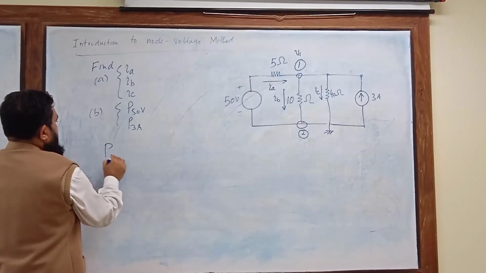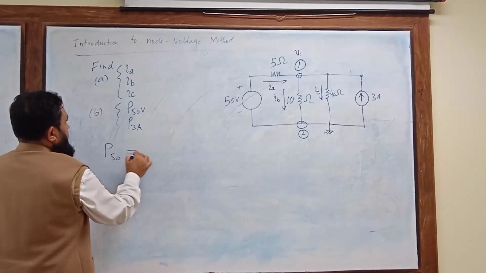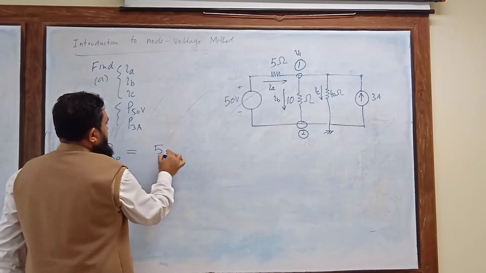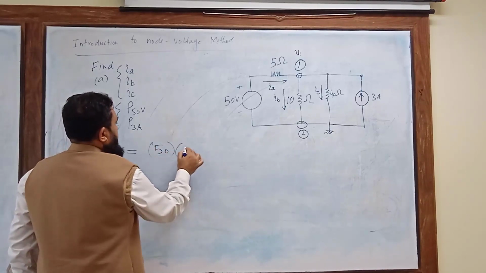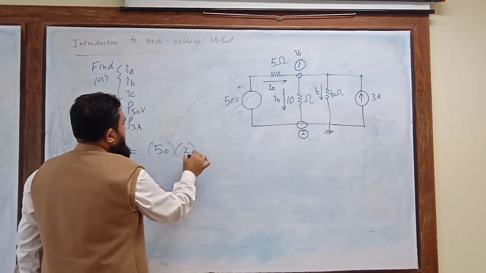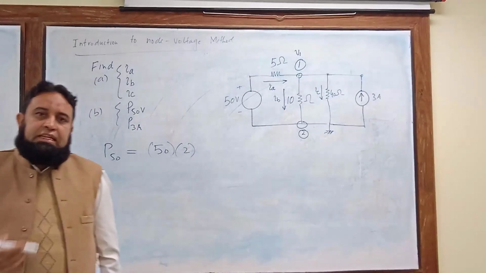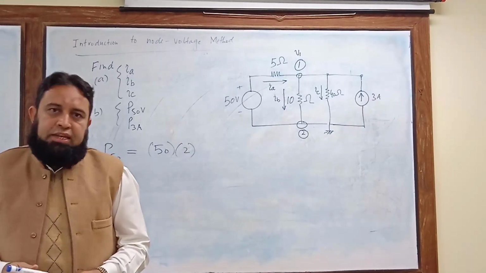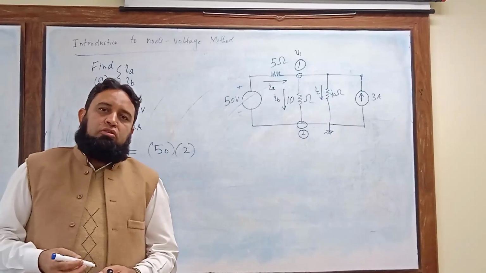So power delivered by the 50 volt source is equal to 50 volt times current IA, and IA is 2 ampere. Since it is delivering the power, and if you remember the sign convention, we use negative power for power delivery.